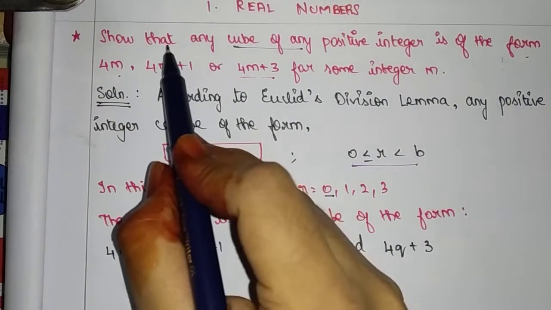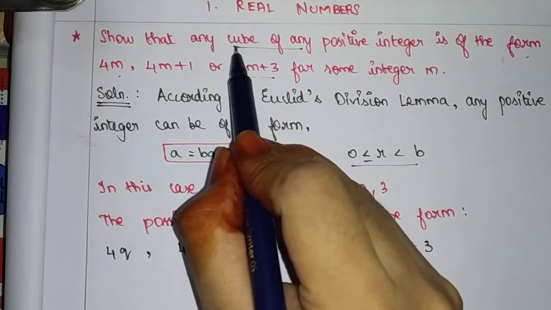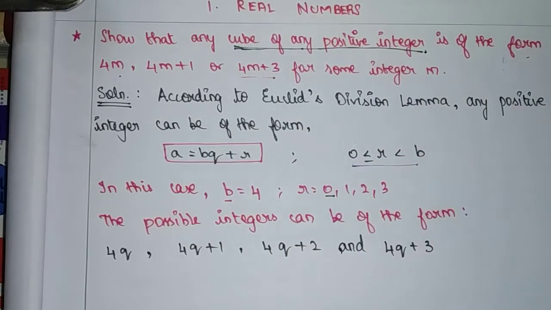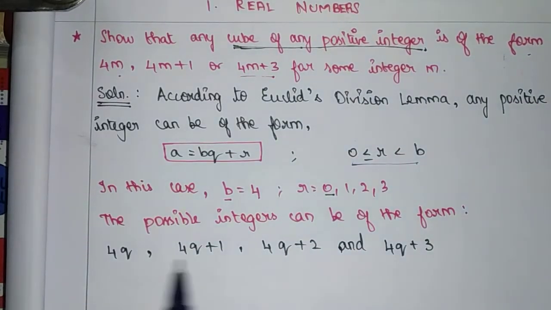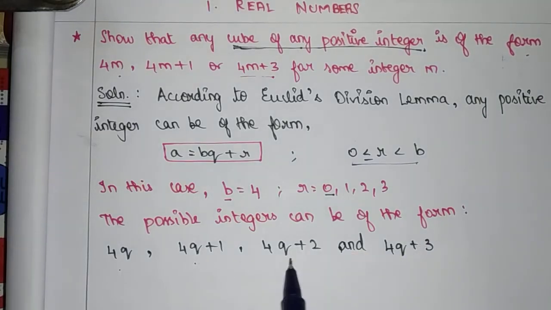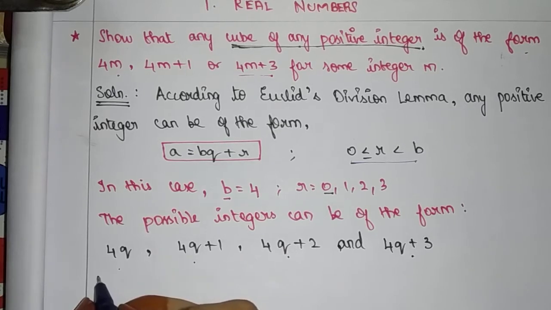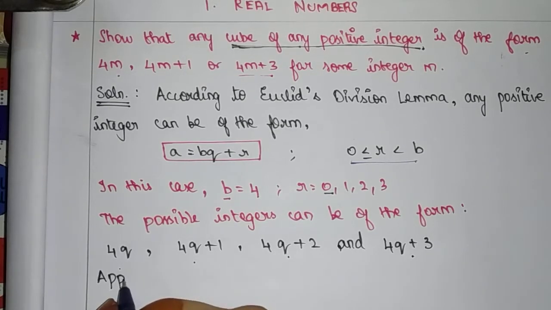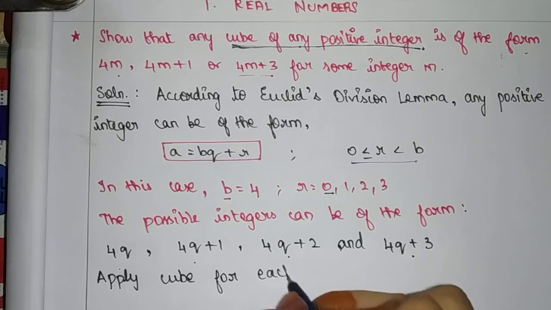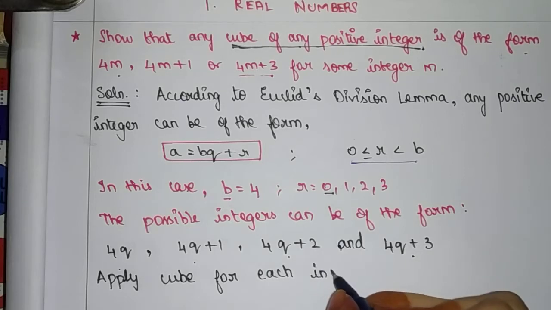See here, in the question they asked for the cube of any positive integer. So till now we have just positive integer values. So now we have to apply cube for each integer value.